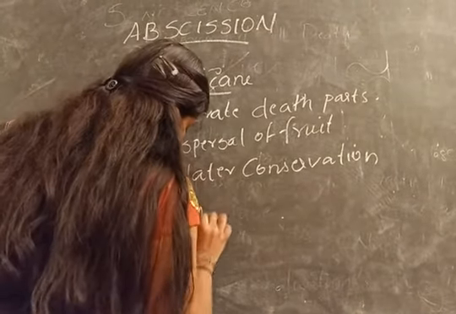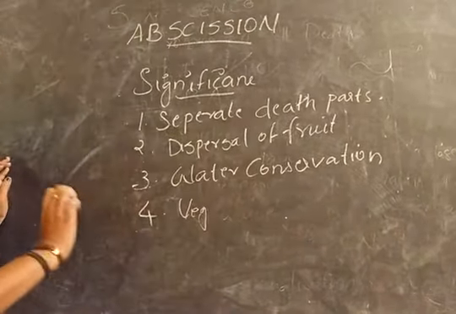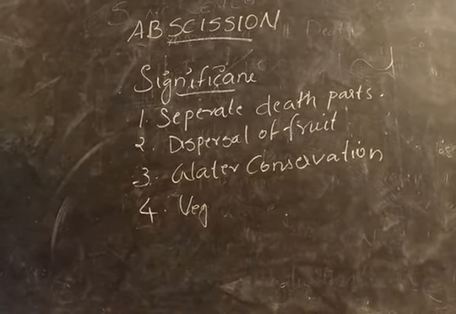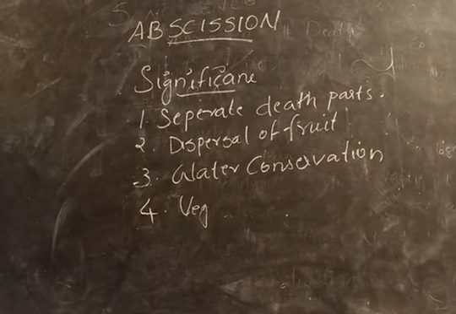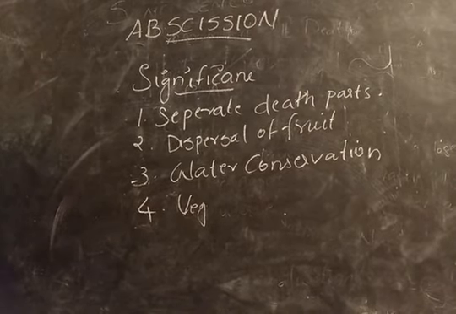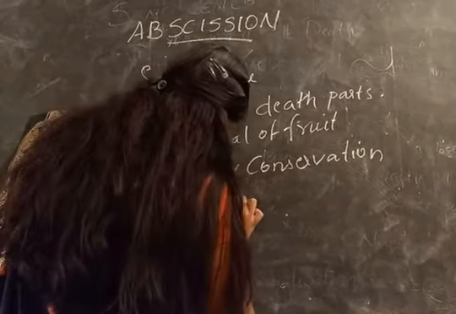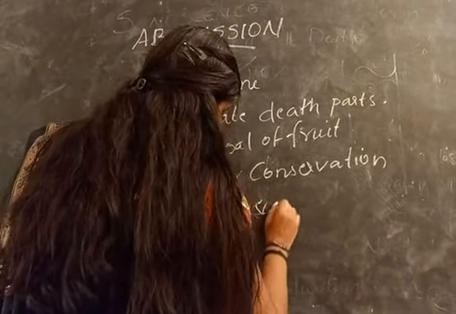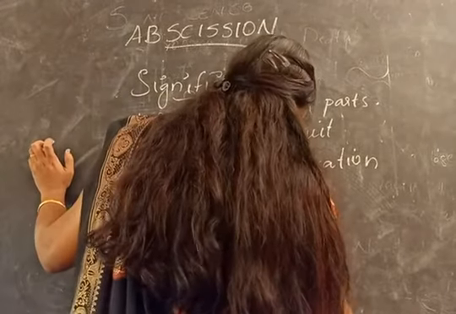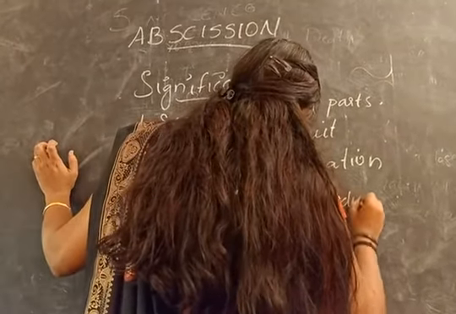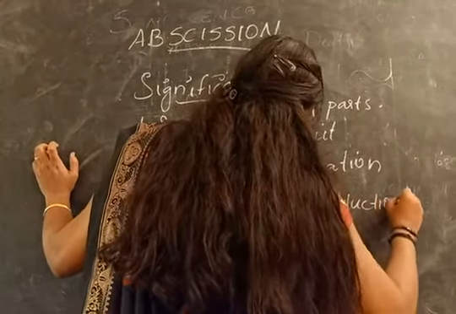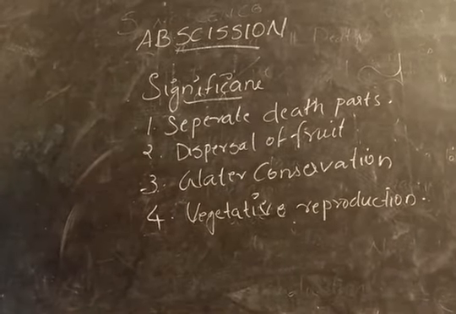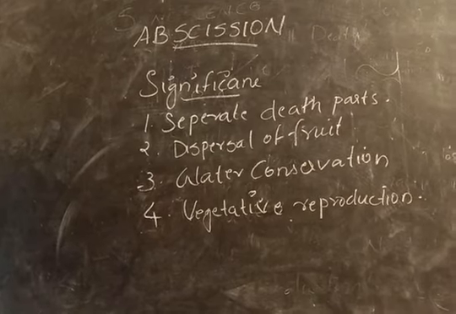We know that in lower plants the reproduction takes place through vegetative propagation. So the shedding of vegetative parts like gemmae or plantlets helps in vegetative reproduction. So these are the significance of abscission, and this completes the chapter on plant growth and development.